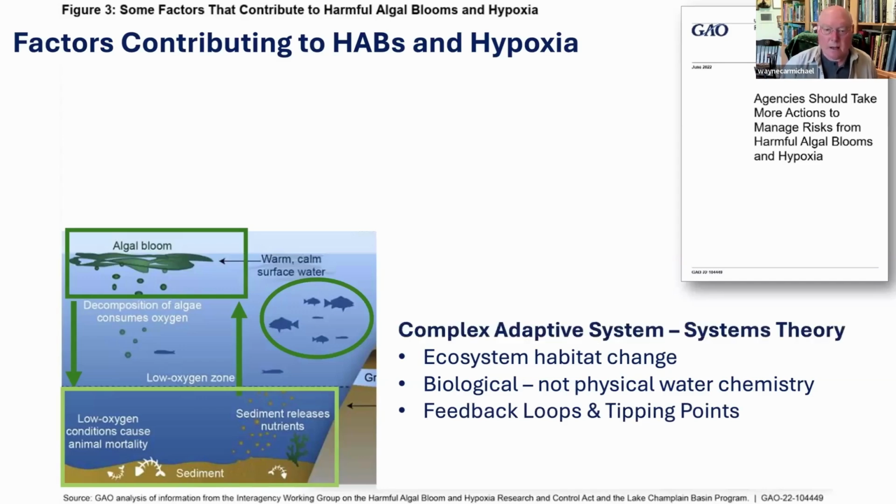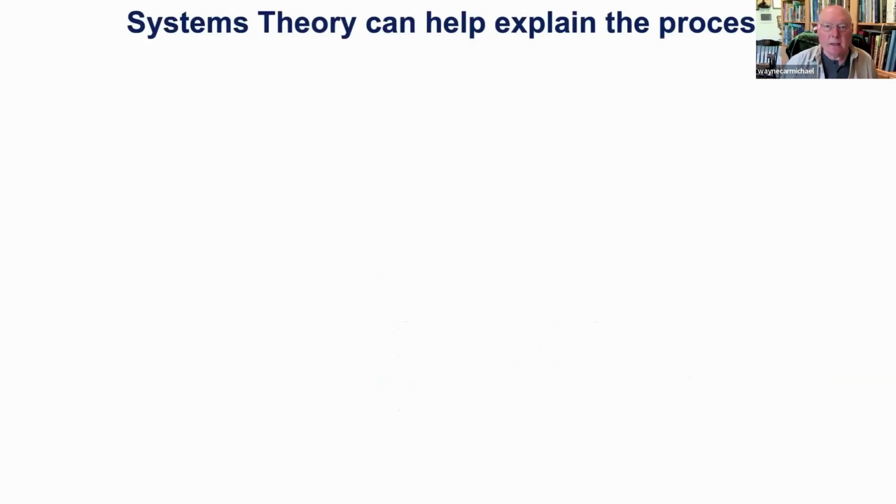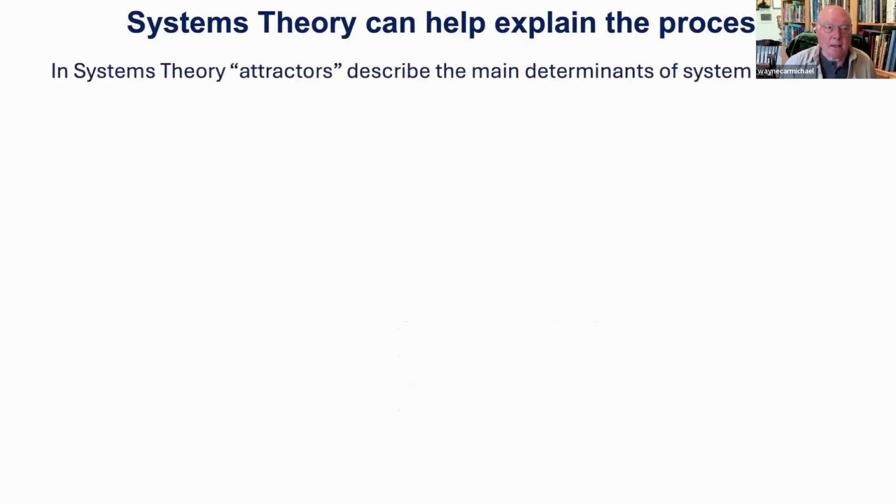In other words, we have a complex adaptive system which can be informed if we embrace and utilize something called systems theory. Systems theory can help explain the process of how HABs become dominant, or how cyanobacteria become dominant. In systems theory, we have attractors that describe the main determinants of the system.